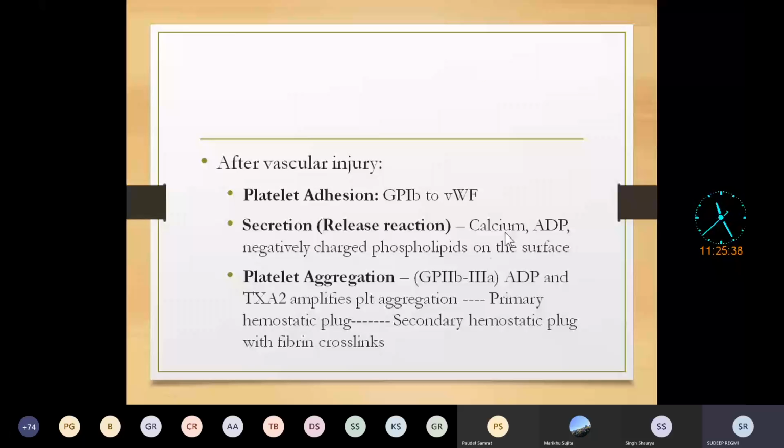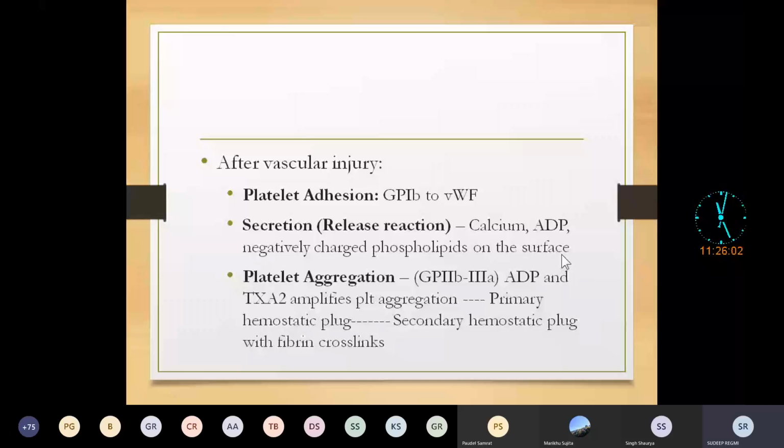This ADP is also required for aggregation of more platelets in the area of injury. And there is expression of negatively charged phospholipid on the surface. This is for the initiation of secondary hemostasis.